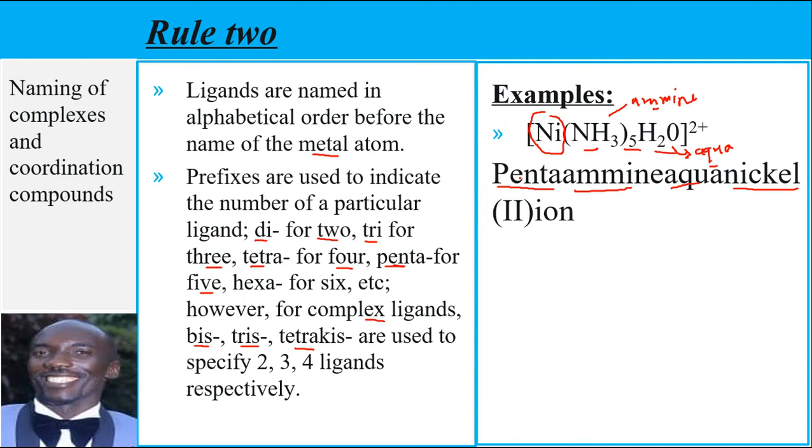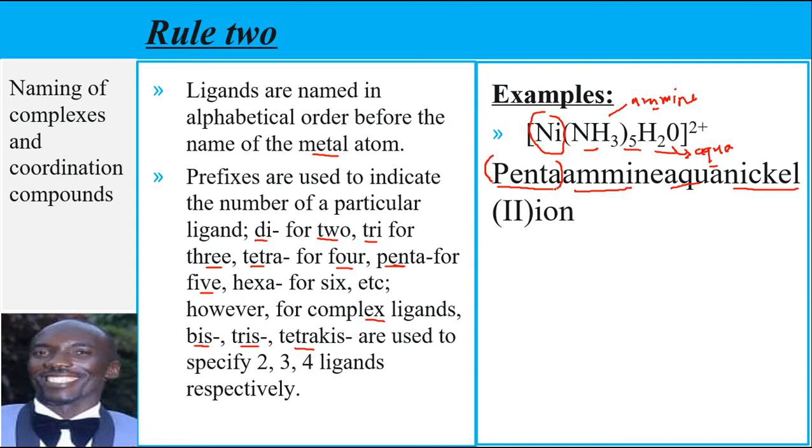So we make sure that these ligands are named alphabetically, and we shouldn't confuse this. For example, penta here stands for the number of ligands, the number of amine ligands.